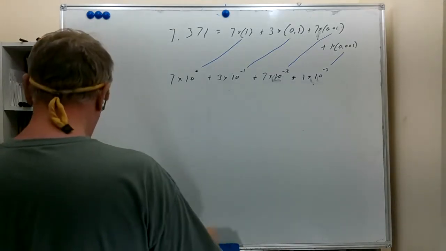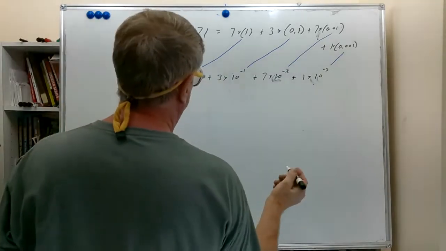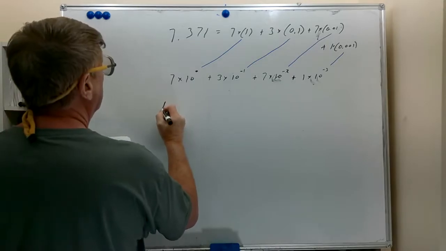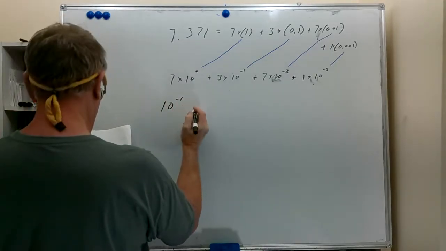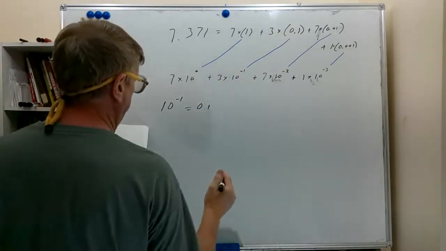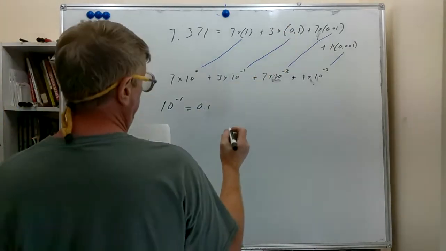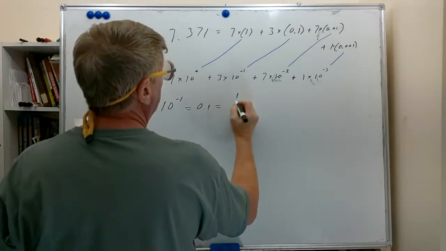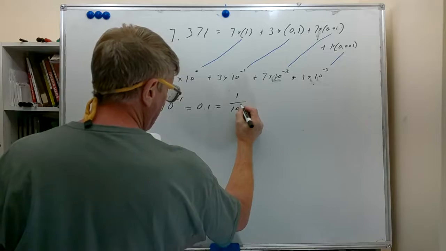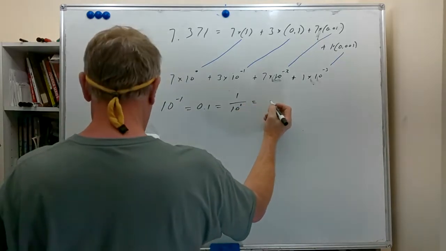Another thing I want to draw out for you, and we've kind of done this already: 10 to the minus 1 equals 0.1, which we've demonstrated there, but that is also equal to 1 over 10 to the first, which equals 1/10.